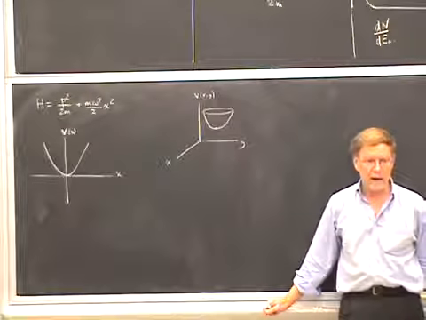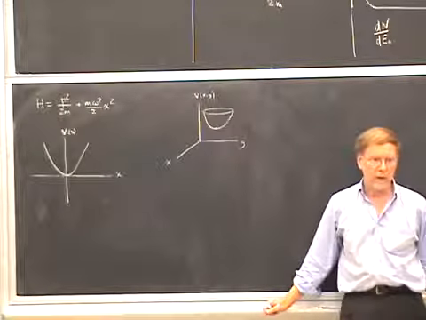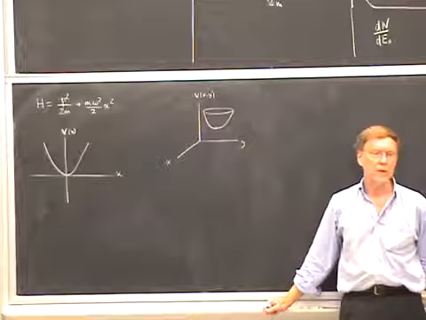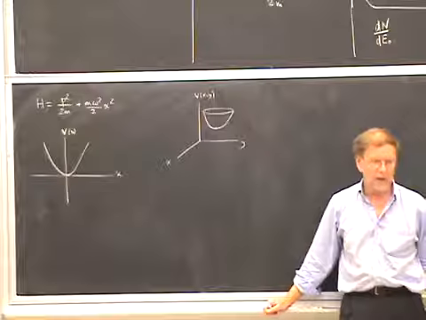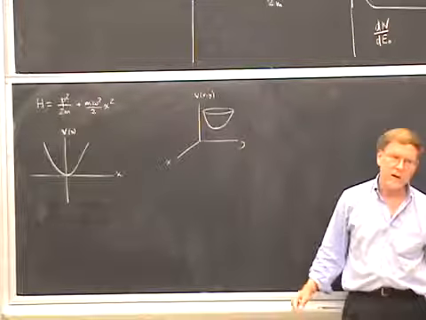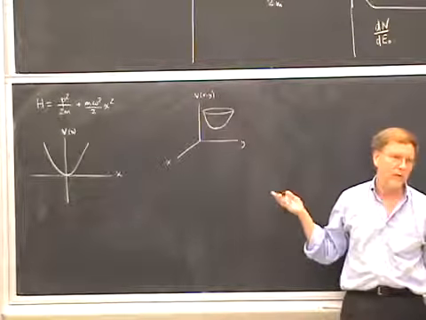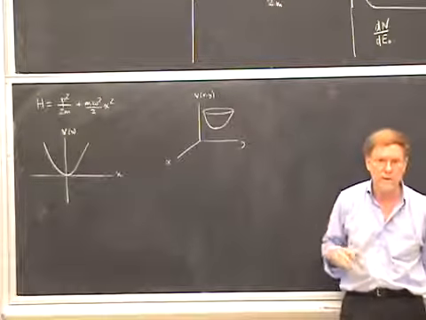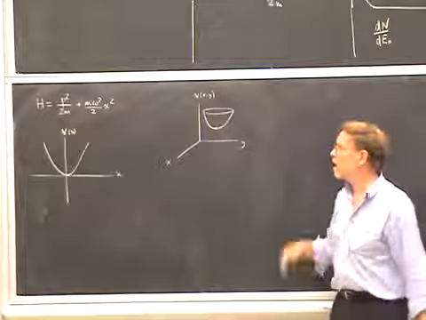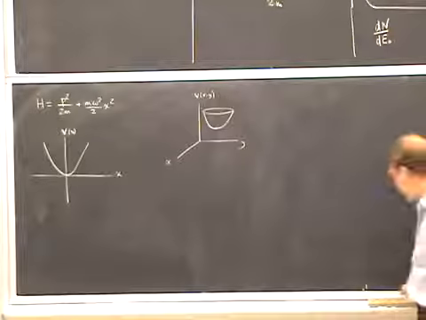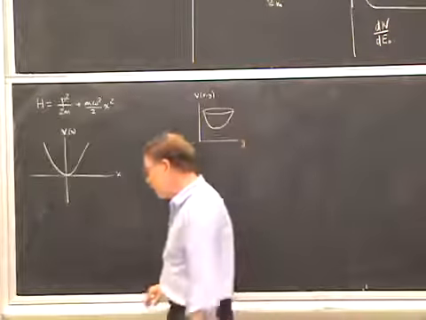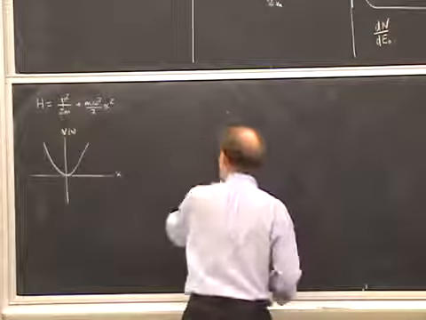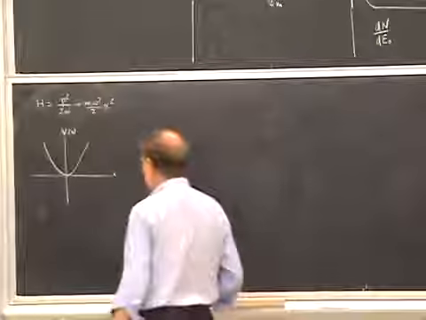In cases like that, the excitations of a given mode are identified with particles, and we speak, for example, of photons in the quantization of the electromagnetic field, which from a mathematical standpoint are very similar to the quantization of sound waves, the phonons, in the solid, which otherwise are just the normal modes of vibration in the solid. In any case, this is just a way of saying that harmonic oscillators have many, many applications in physics. All right, so let's go back to the one-dimensional harmonic oscillator and do it.